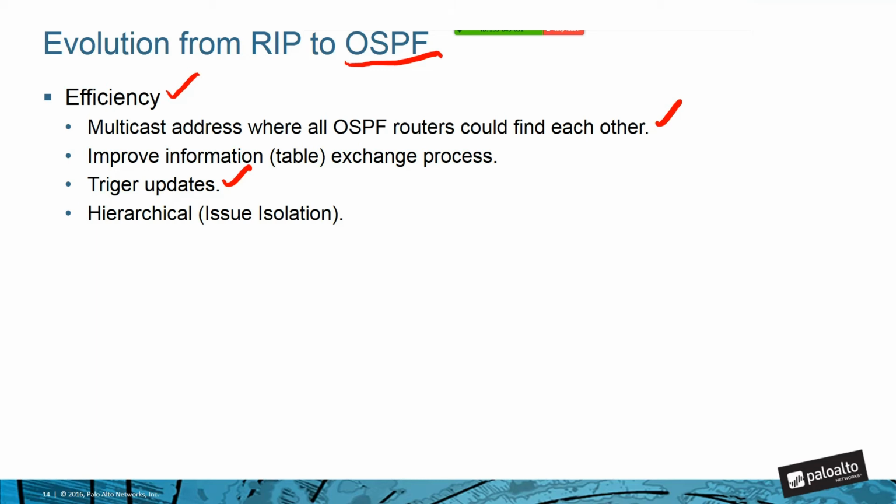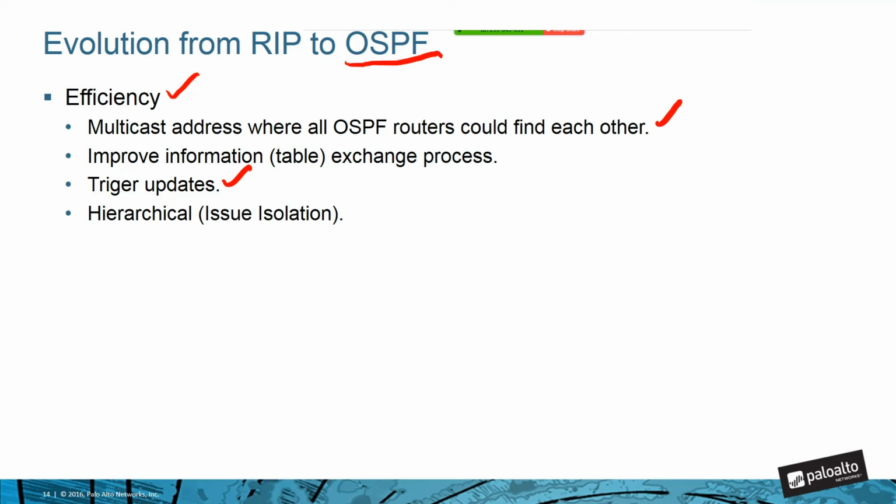There's a need to make sure the other routers are still alive, so that consumes a lot less bandwidth. There are keepalive packets: are you there? Yes, I am here. But there's no need to constantly change the table. So if there was a change of topology, that would trigger an update on everybody's table. And that's what we mean by triggered update.